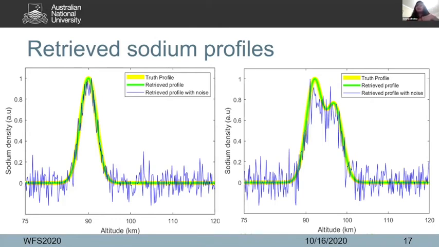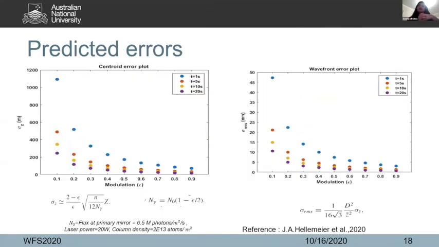The next step is to check how the centroid of these profiles varies for different modulation depths of the laser and check if those values match the theoretically predicted values. And here are my theoretically predicted values.